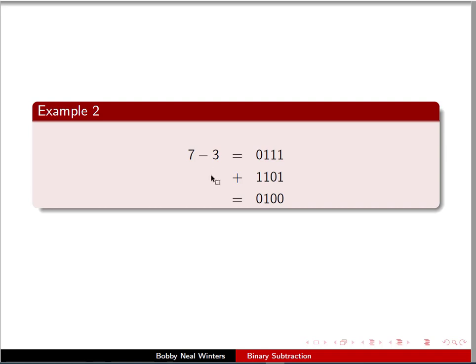Okay, and so if I were adding two numbers instead of subtracting, this would be an overflow error. Okay, but with the system set up as a subtraction, it's not a problem. And so now I have 1, 0, 0, which is 4, which is the same as 7 minus 3.